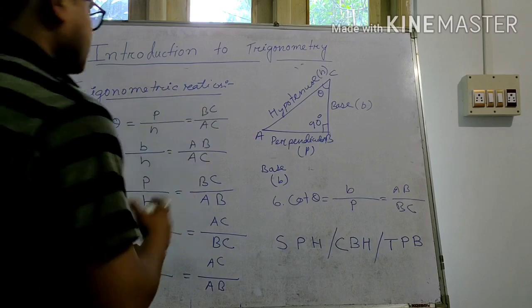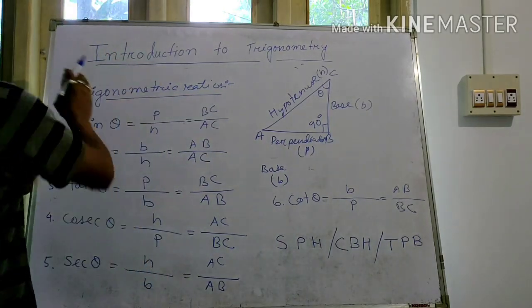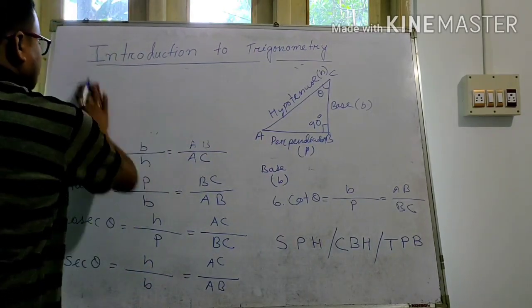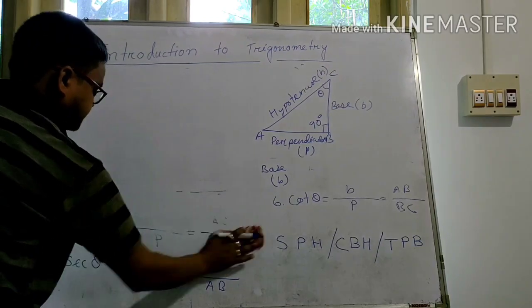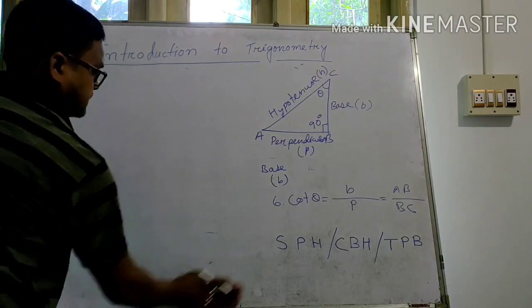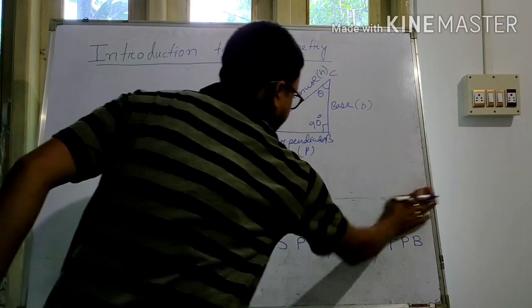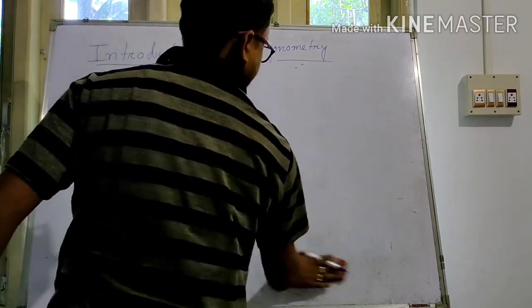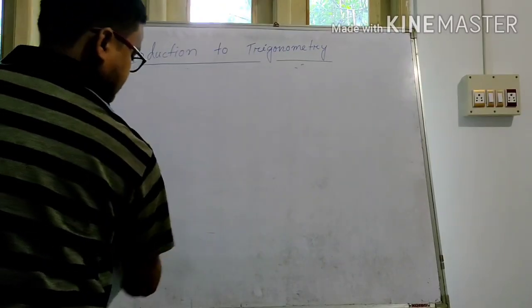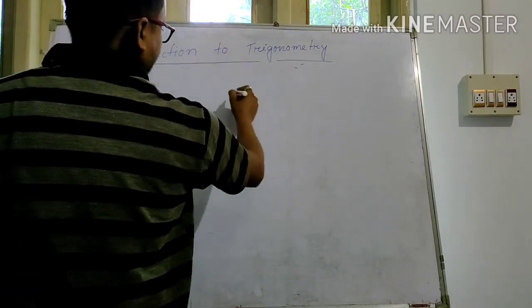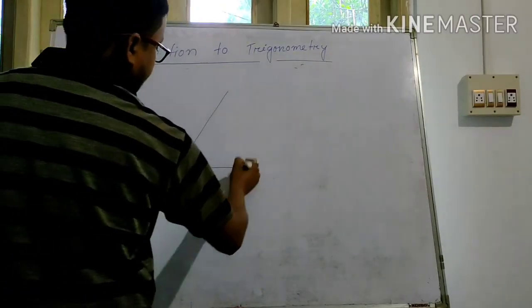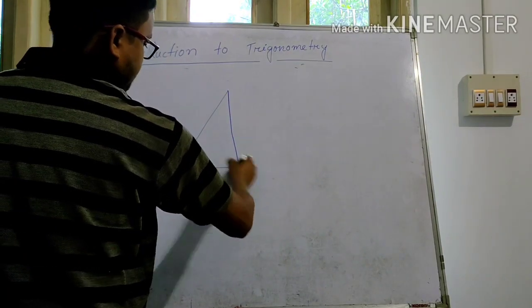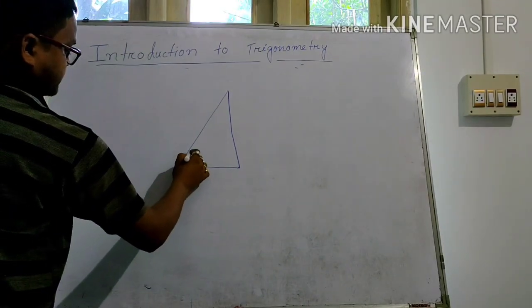Now I continue with the other tricks for remembering these trigonometric ratios. So another triangle I consider here, suppose the same triangle. You have to find this theta.